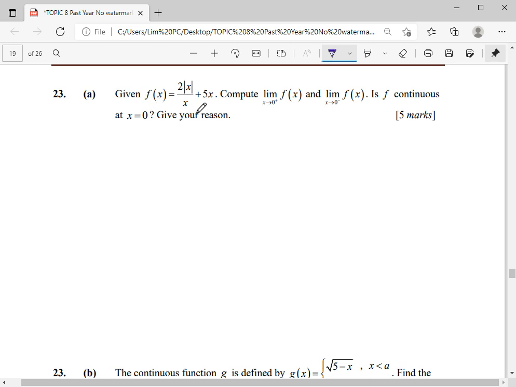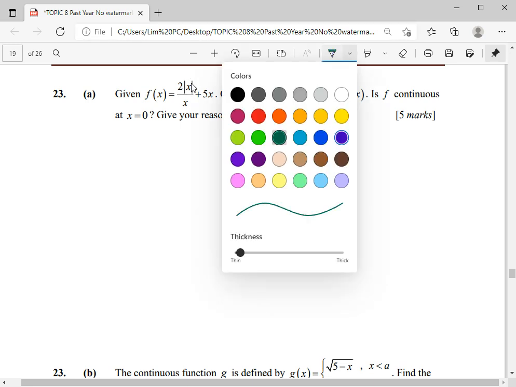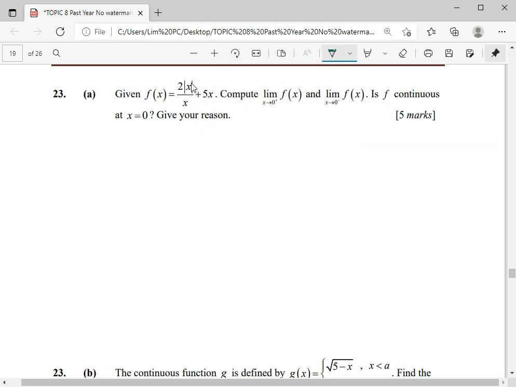So our first step, we're going to express our modulus. So our modulus of x will be positive x when it is greater than or equal to 0, negative x when it is less than 0. Okay, so this modulus is quite simple, it means our interval here we divide by 2, which is 0.